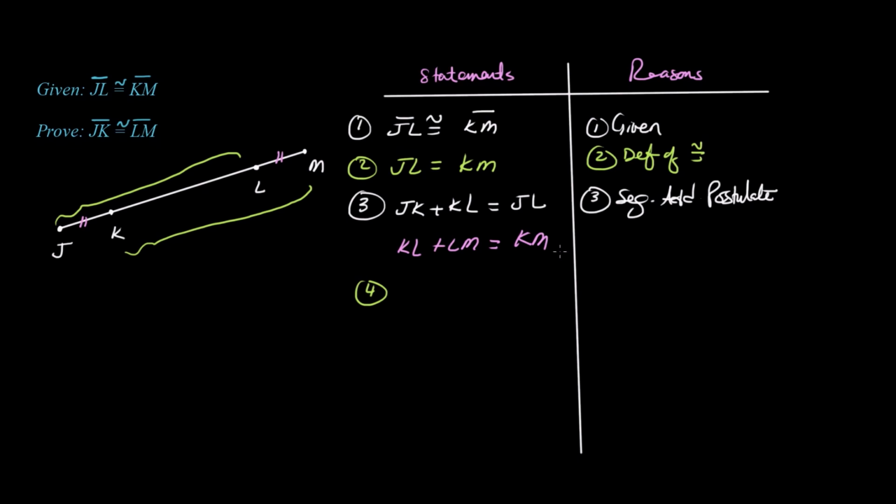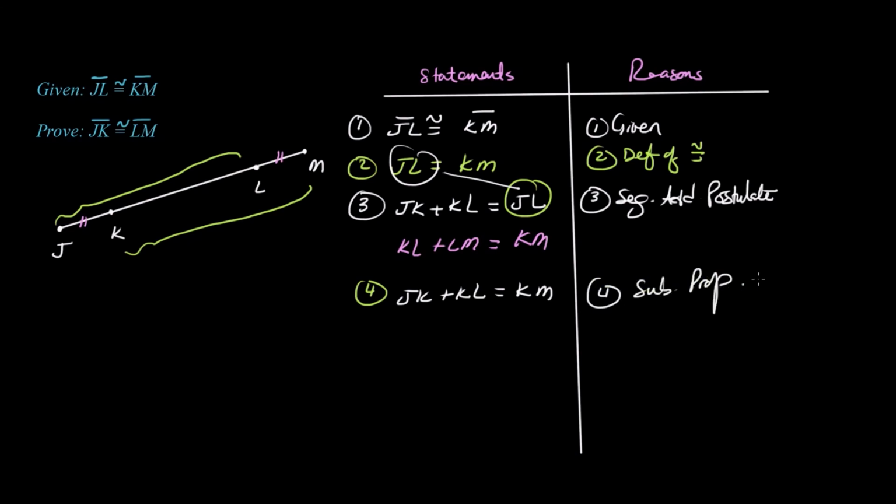Maybe I could replace this JL with KM. Let's see if I can do that. So then I would have JK plus KL is equal to KM. I just replaced JL with KM, so the reason for this is the substitution property of equality.